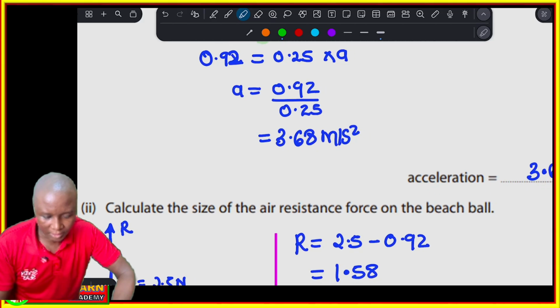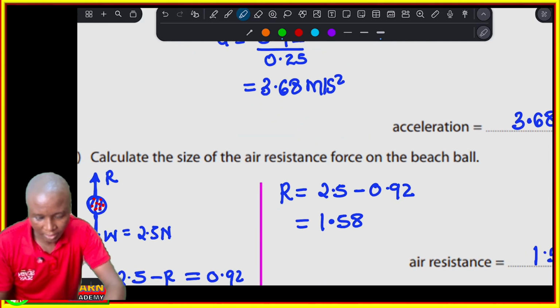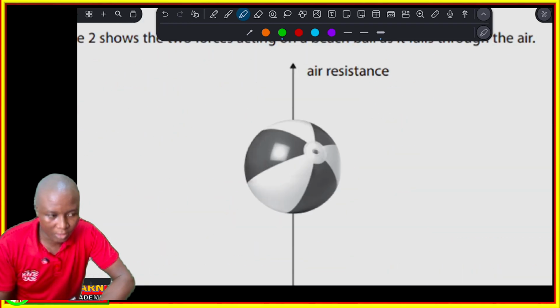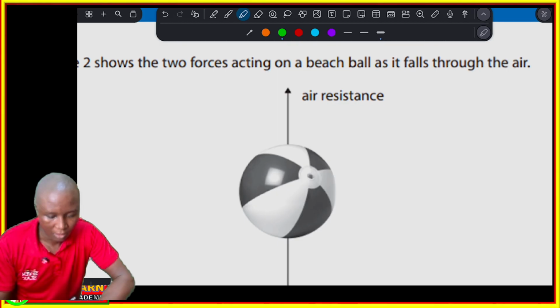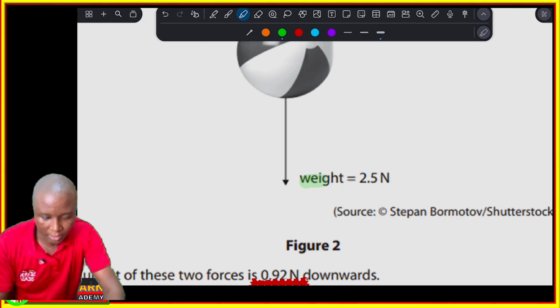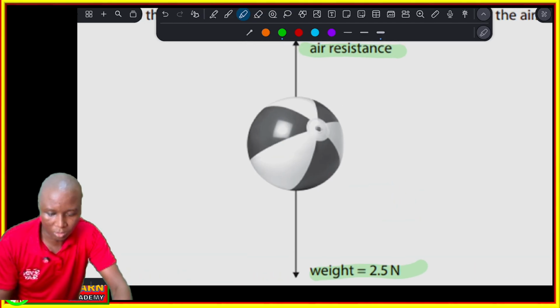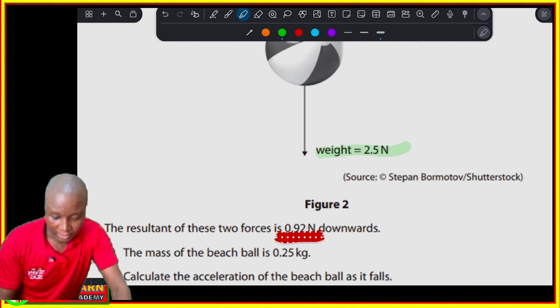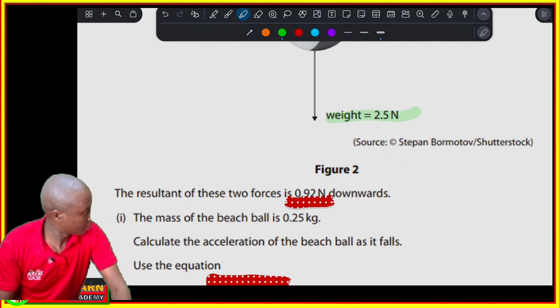Moving further, we are supposed to calculate the resistance force. What we need to remember here is that when the object was moving downwards, air resistance and the weight are the ones that contribute to the resultant force.